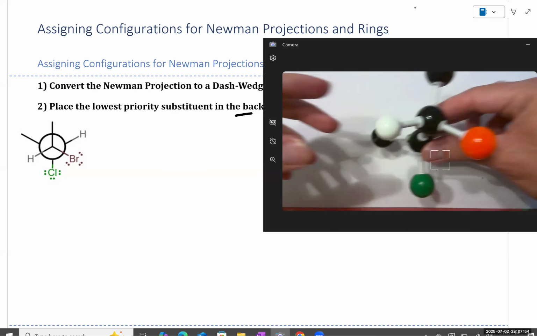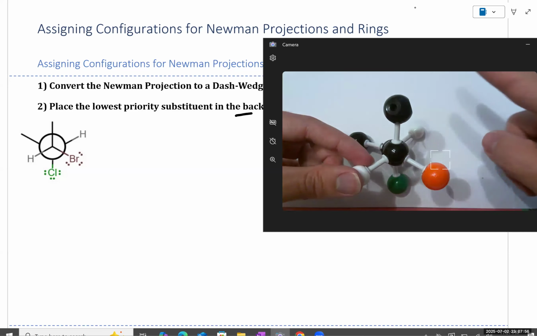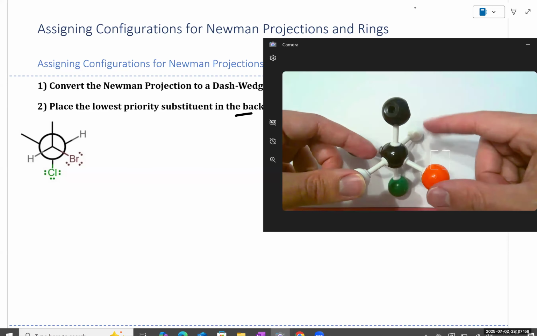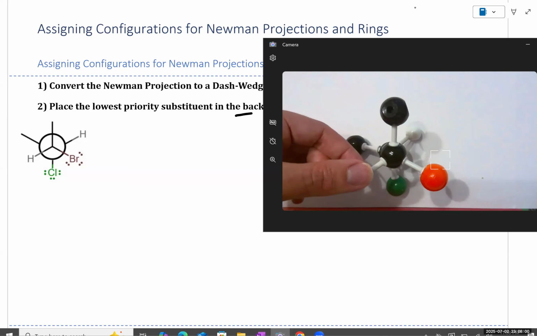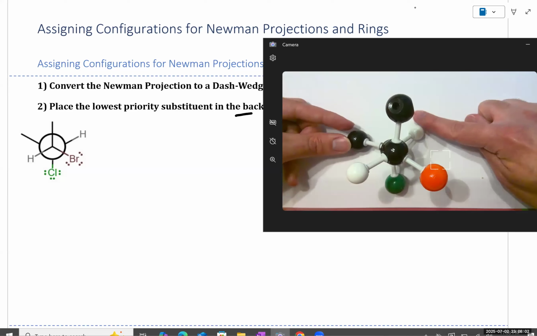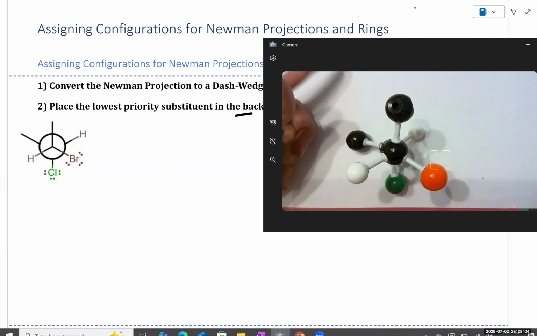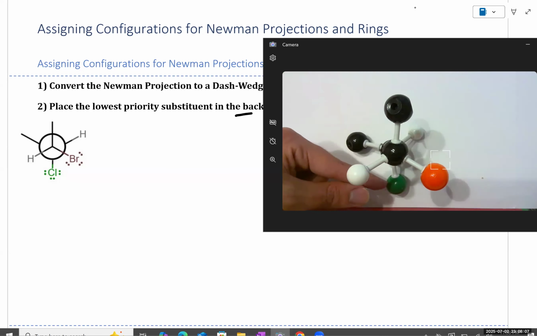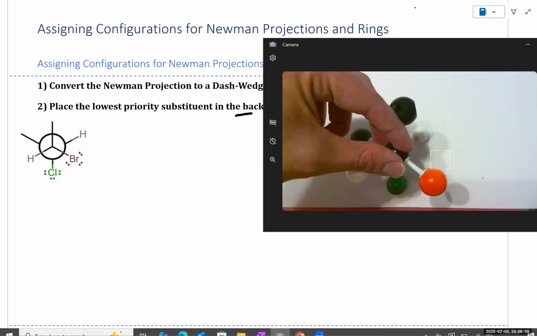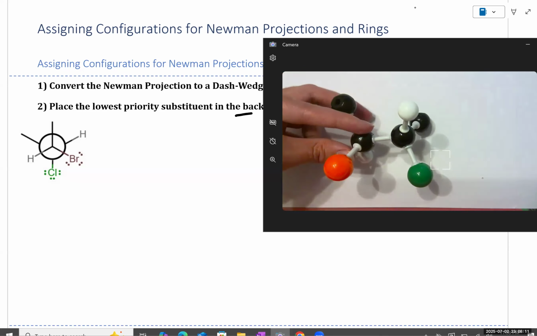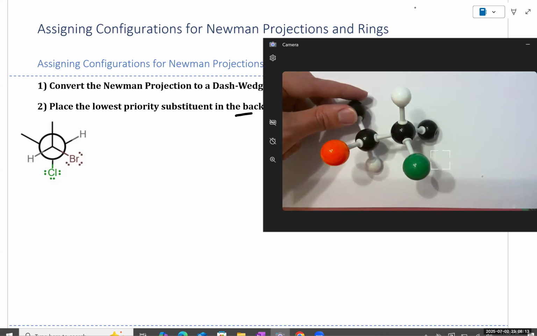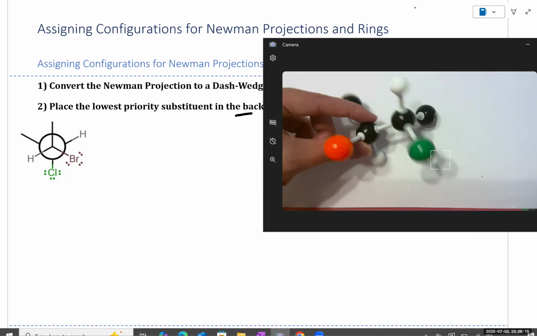Okay, so here is our Newman projection view. As we can see, the methyl's up top on the front carbon, bromine's on the right, hydrogen's on the left. On the back carbon, we have the hydrogen on the right, the methyl group is on the left, chlorine's pointing down. So what we're going to do is rotate this molecule. In this case, we have the hydrogen in the back.